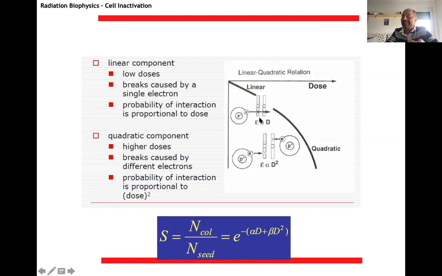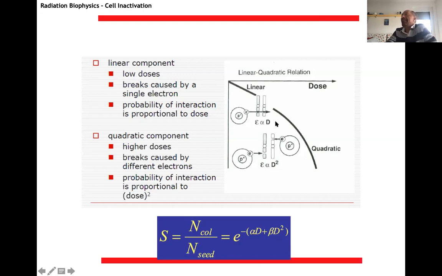So this is an intra-track event. We have two chromosomes here, so we are talking about microns. This mechanism is proportional to the dose. But you can have two lesions leading to a dicentric, for example, also if you have two independent electrons. This term is proportional to dose times dose, so it's proportional to the quadratic term.